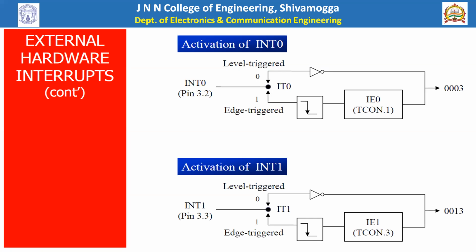Such an interrupt is called a level triggered interrupt. Why is it called level triggered? Whenever the logic level 1 is maintained on that line, it will be treated as an interrupt signal. So such an interrupt is called a level triggered interrupt.